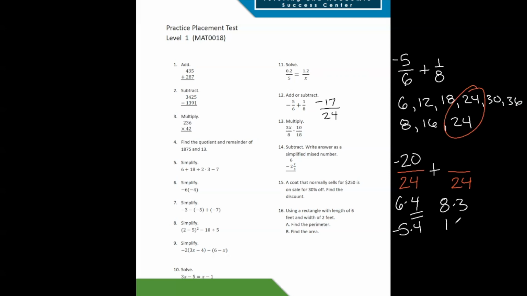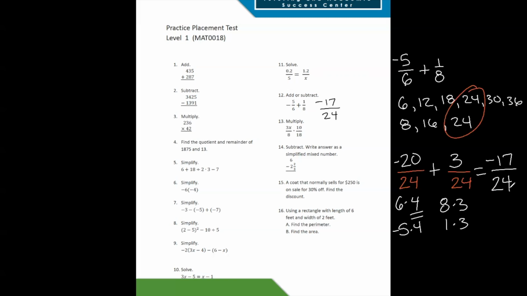So I'm also going to have to do 1 times 3, which is just 3. I'm going to add my numerators together. So -20 plus 3, that means you owe $20, but you pay back $3. Now you only owe $17. And my denominator stays exactly the same.